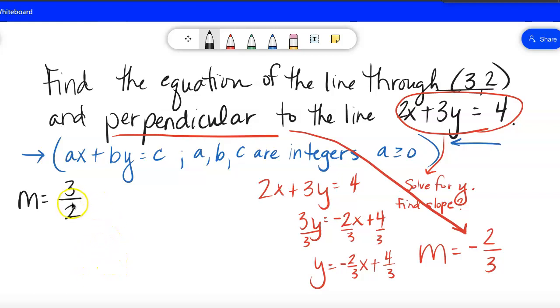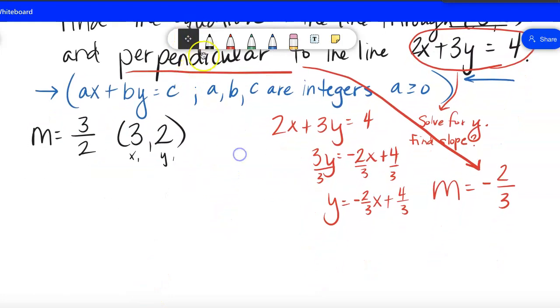You flip it and change the sign. So now we know the slope of our line, and we know our line goes through this ordered pair, which I could call x1 and y1. Now I'm going to use point slope formula to write my equation. So y minus 2 equals the slope times x minus 3.